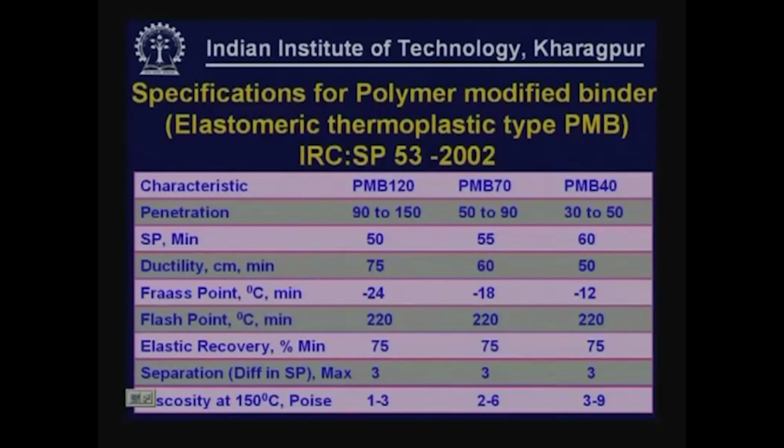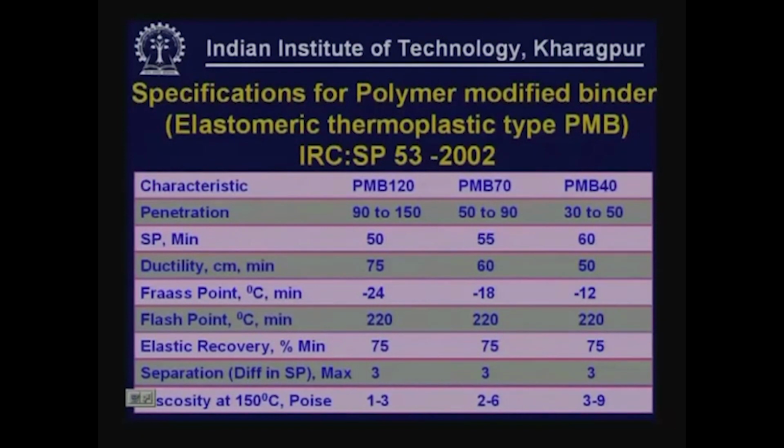The penetration range for PMB 120 would be 90 to 150. The softening point for PMB 120 will be a minimum of 50 degrees centigrade. Ductility should be a minimum of 75 centimeters for PMB 120, 50 centimeters for PMB 40. Obviously, PMB 40 is a much harder grade compared to PMB 120.